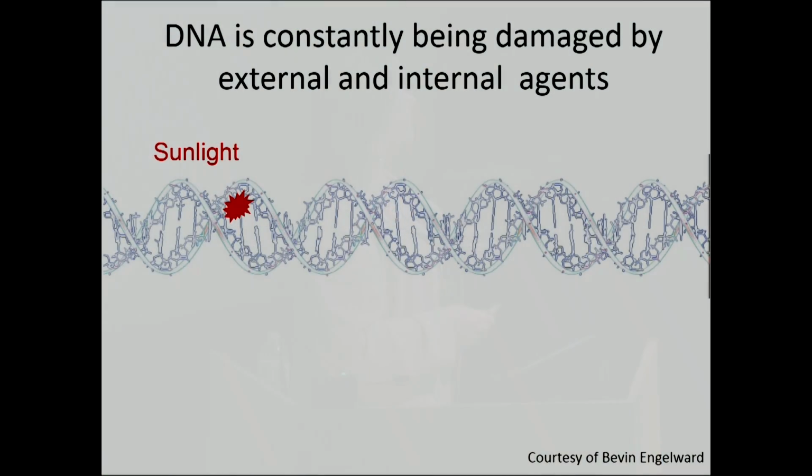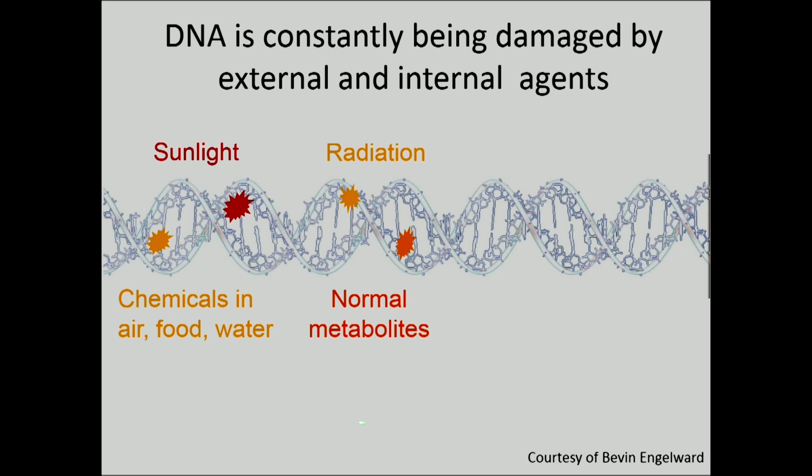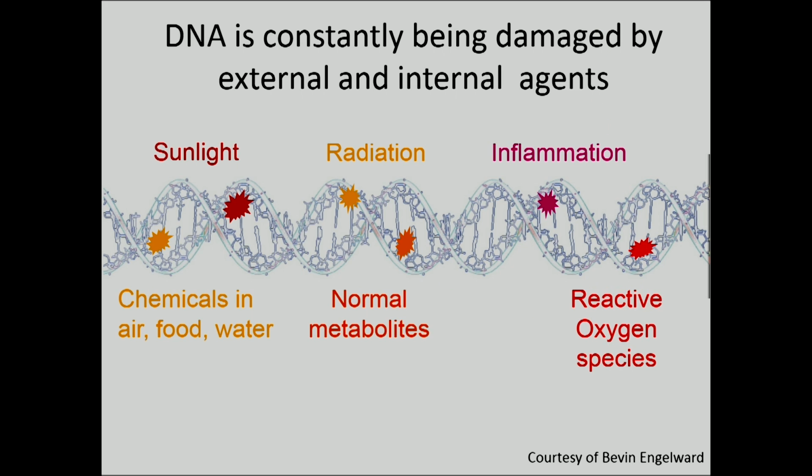But basically, lesions are happening all the time, not just from spontaneous decay, but from exposures like sunlight, chemicals in air, food, and water that we consume, radiation, normal metabolites that exist in cells, inflammation, which happens in response to infections and other situations, and the reactive oxygen species that escape from mitochondria that are consuming oxygen to create energy.